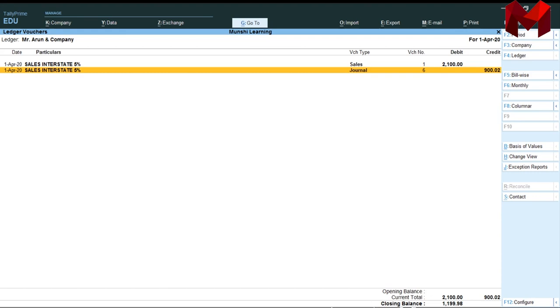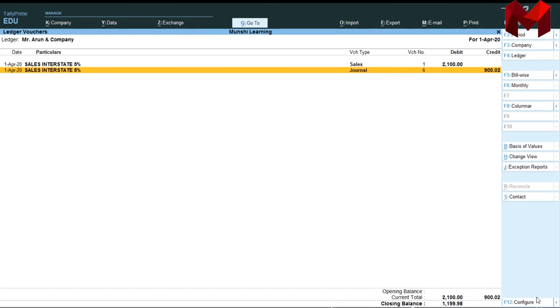This will increase or reduce the balance of your original invoices. The original invoice was of 2100 only, and I wanted to reduce the amount, so the credit note was entered. If I want to increase this amount, let's suppose I have charged the lesser amount on the invoice, and afterwards I recall that this product was expensive, so I want to increase this amount. At that time I will debit the account and I'll issue the debit note.